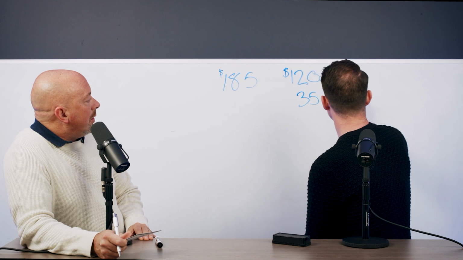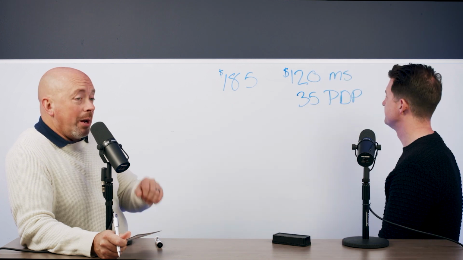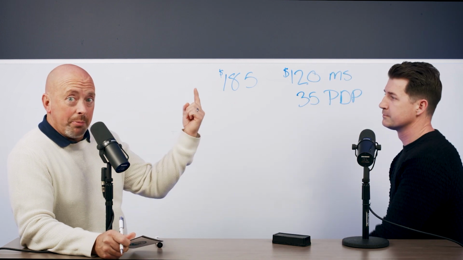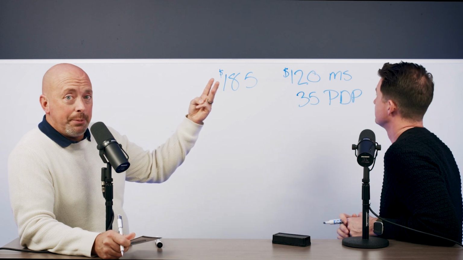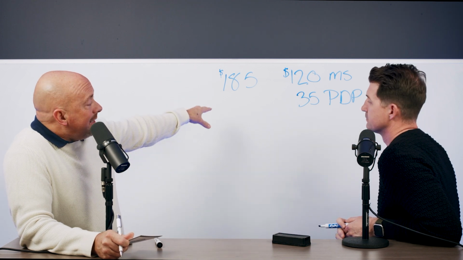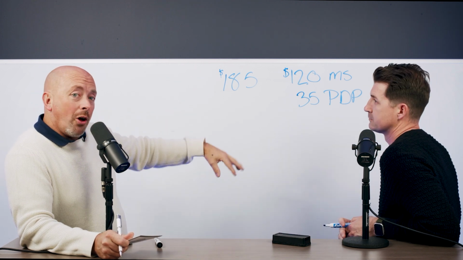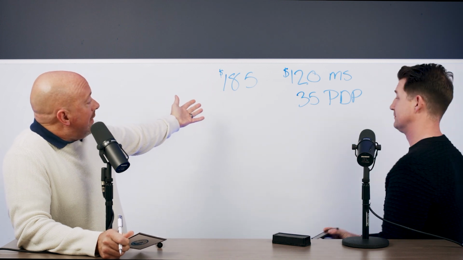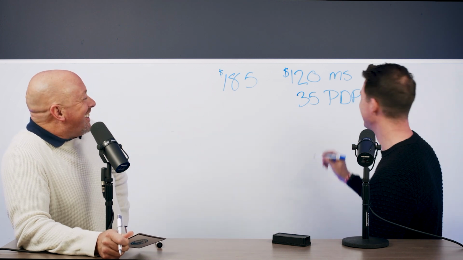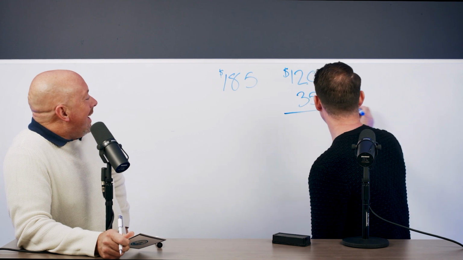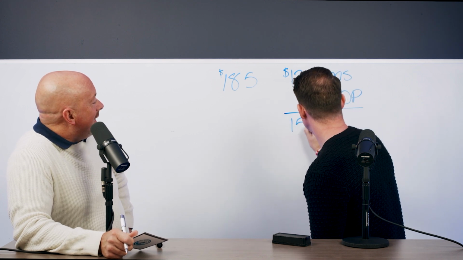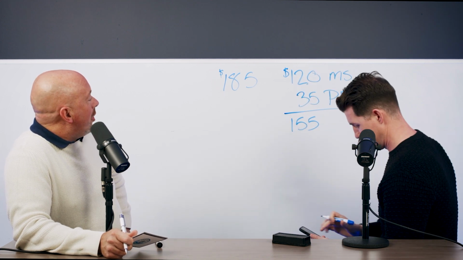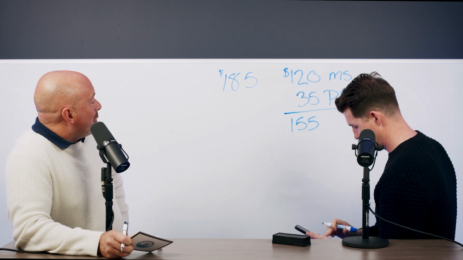Now, that's what they're going to pay for their premiums. You've got the Part B, you've got the supplement, you've got the PDP. Then I'm going to add all that together and come up with their monthly premium. Matt's pulling out the calculator. I love that. This is a learn-while-we-go. So we've got 185 plus 155.